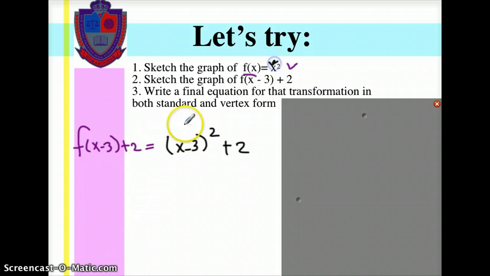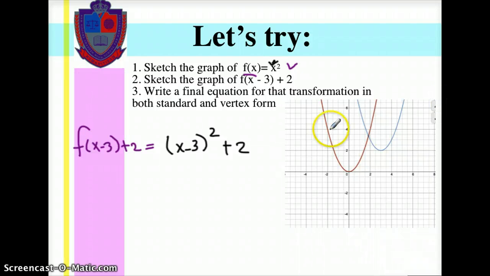Notice it was x squared, I replaced it with x minus 3 and then I added 2. So when you graph this new function, you should have two graphs that look like this. The red graph, as you can see here, is x squared, and the blue graph is (x minus 3) squared plus 2. If you look at this, this is in vertex form.